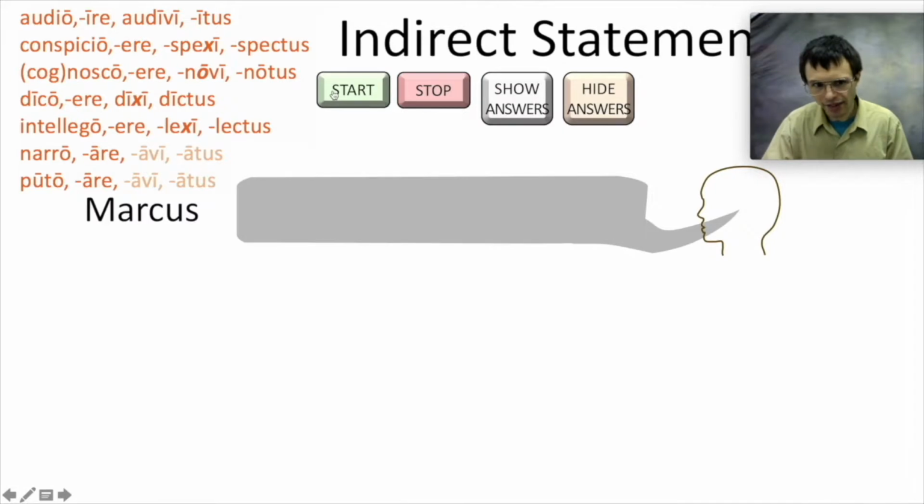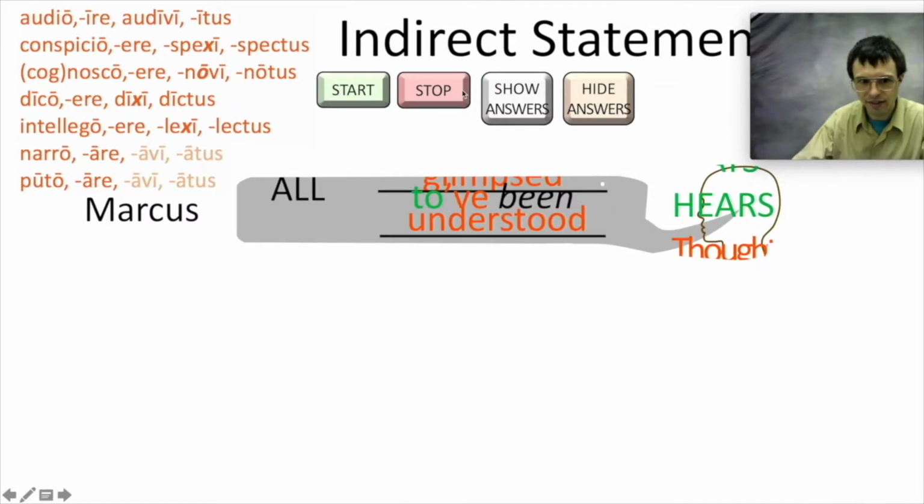So, if you think you got this, then try these tests. Okay, Marcus, all, omnes, all the people, to have been understood. Well, which infinitive would this be? Been makes it passive voice, apostrophe VE, blank blank ED is past tense, so we want to say something like intellectus esse.